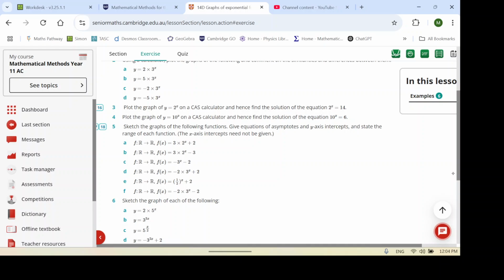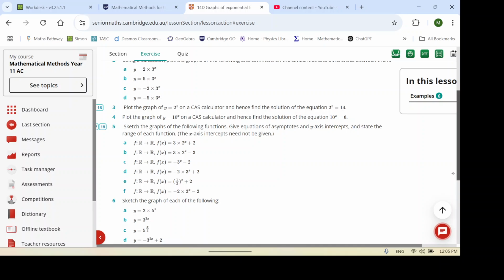So don't worry about E, but you can graph all of these others. Sketch the graphs, give the equation of the asymptotes and the y-axis intercepts. If there is an x-intercept, put that in as well, even though it says they don't. It is important that you do. So put your x-intercepts in there as well, and put one other point on the graph. So follow what I put in the example, please.